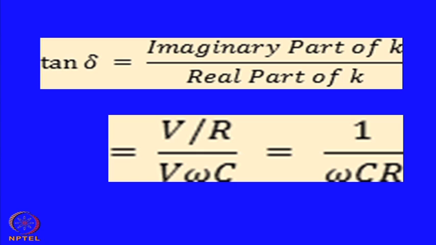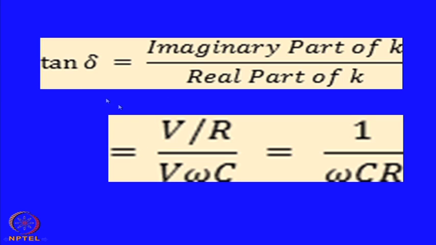Tan delta, in this case, is the imaginary part of the K over the real part of the K, that we have already seen, and in terms of the equivalent circuit parameters, this tan delta can be represented like this: V by R, R is the equivalent circuit resistance, and V omega C, C is the equivalent circuit capacitance, and V is the applied voltage.